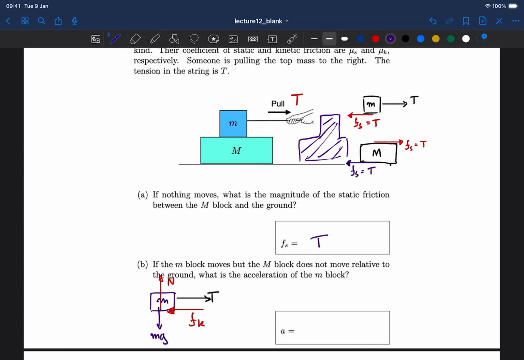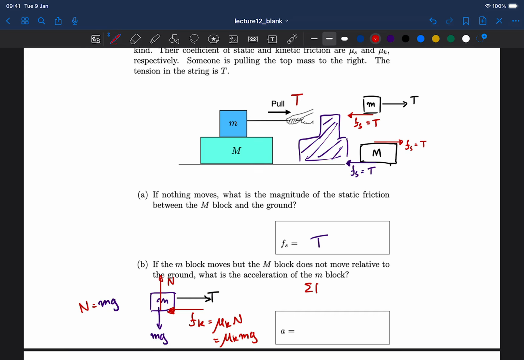Okay. So the vertical force must be balanced. So the normal force is equal to mg. That means Fk, which is kinetic friction, is mu k times N, which is mu k times mg. So the net force horizontally is tension minus this force.